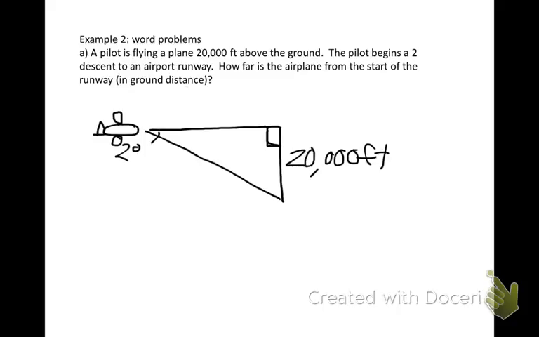He's going to go slowly to an airport runway. So here's the runway. How far is the airplane from the start of the runway?